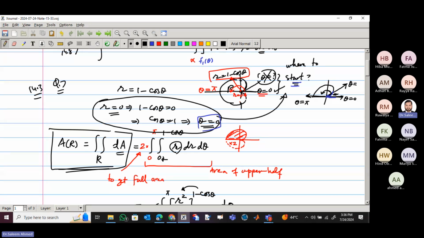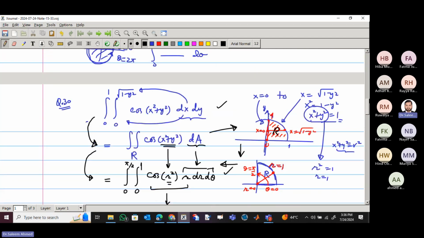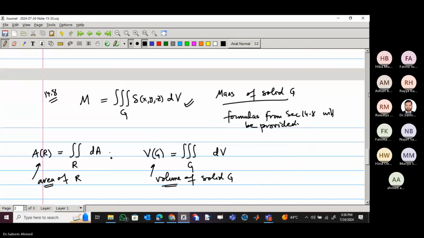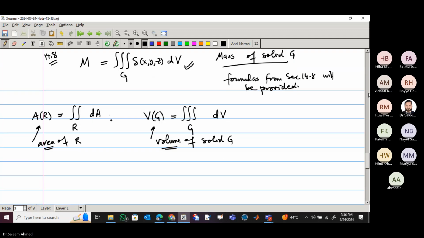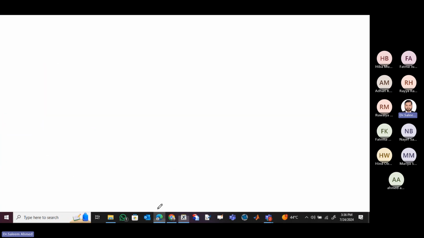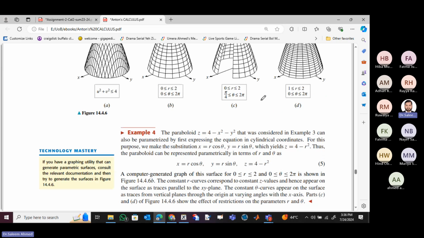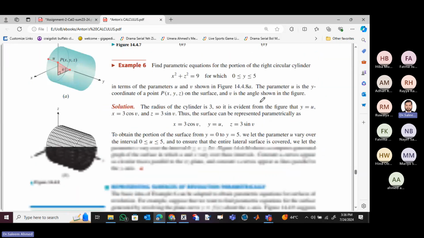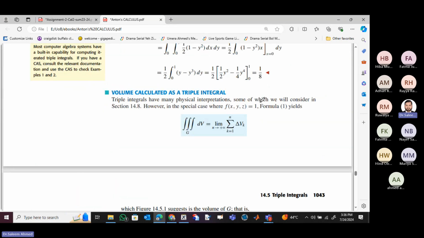I am given the cardioid to find the limits of integration. So only limits of integration are needed. So these questions are not difficult. The only problem is with your formulas, and if formulas are provided, there is nothing left.